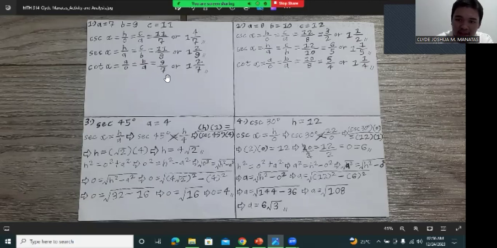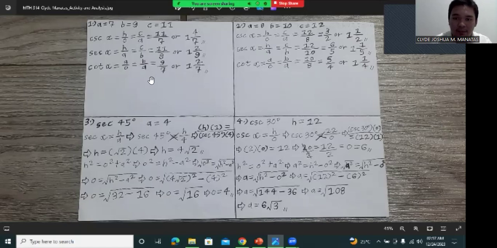Then, to make O stay as O, we let the number 2 divide both sides. So 2O divided by 2 is equal to 12 divided by 2.